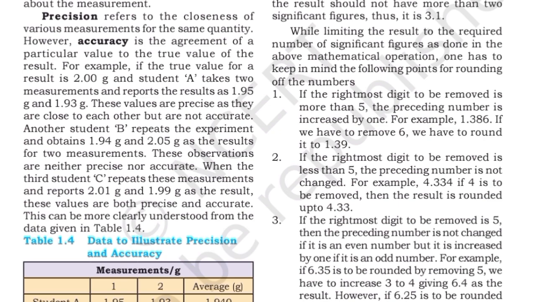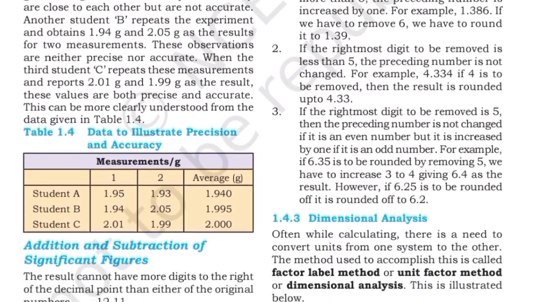These observations are neither precise nor accurate. When the third student C repeats the measurements and reports 2.01 grams and 1.99 gram as a result, these values are both precise and accurate. This can be more clearly understood from the given data.